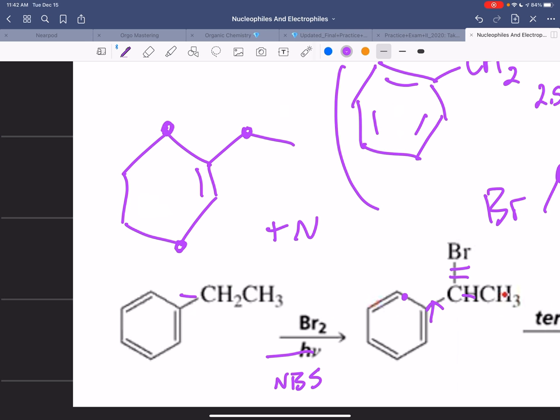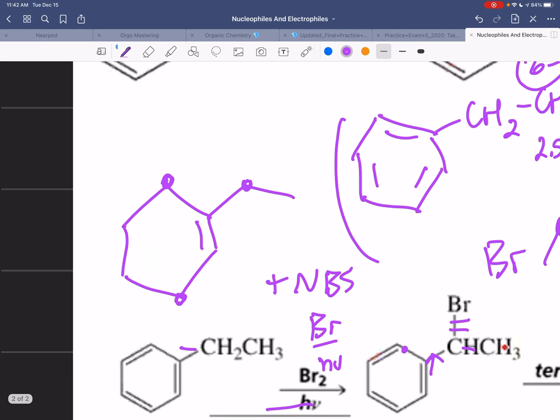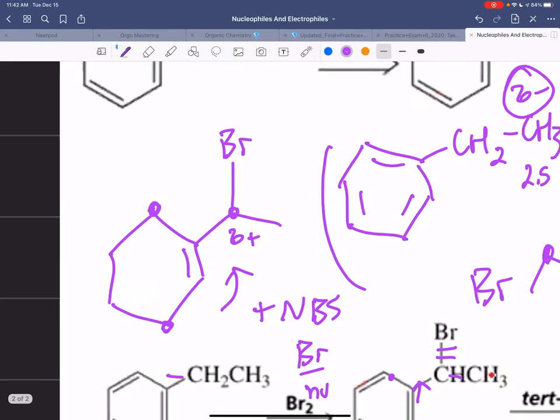So if you're adding NBS or Br2 in heat or light, those are all potential options where you would add a bromine. Then you'd have a leaving group and a nucleophile here, which you could come in and do some type of nucleophilic attack and go from there. All right.